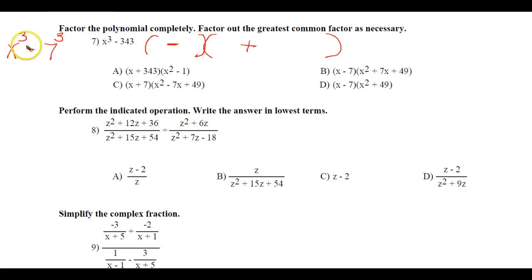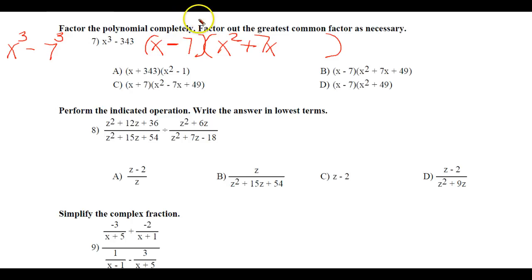Now you take the cube root of that first term, which is x, the cube root of this, which is just going to be 7. Then you square this term, which gives you x squared. Multiply these two together, which is 7x. And you might say, wait a minute, that's the wrong sign.